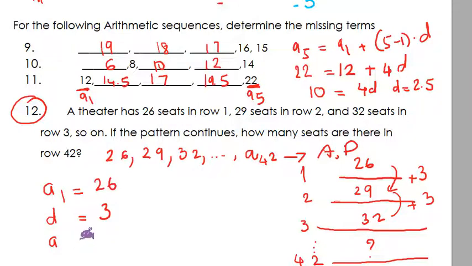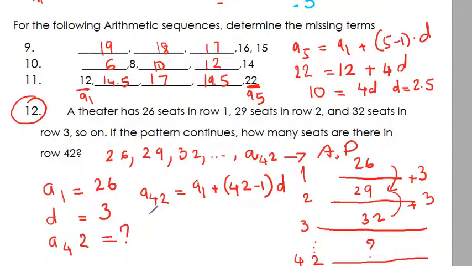And we need to find A sub 42. How do you guys find A sub 42? What would you do? A sub 42 equals A sub 1 plus 42 minus 1 times D. Okay, let's substitute this one.